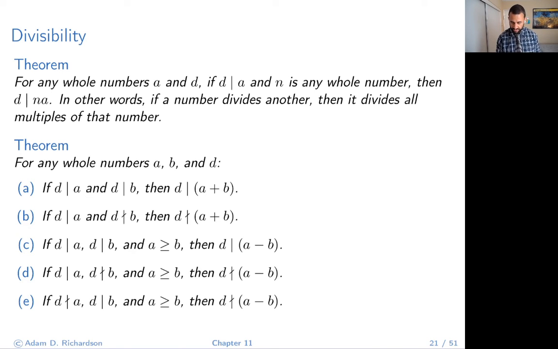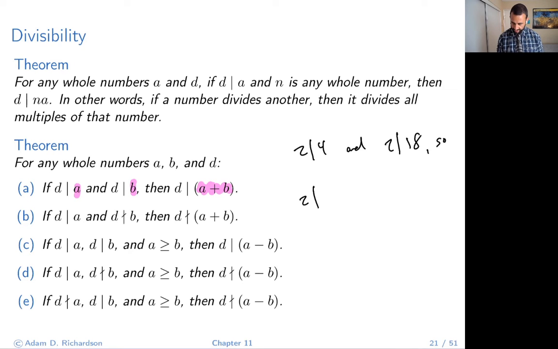One thing that I've noticed is students tend to struggle with what numbers are going where in these theorems. So try to keep that in mind. Let's look at the first one. The first one here is saying that if d divides some number and d also divides another number, then d divides their sum. So I'll give you an example. I know that 2 divides 4 and 2 divides 18.